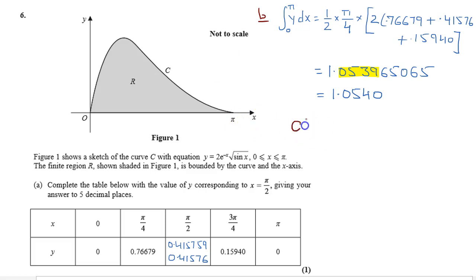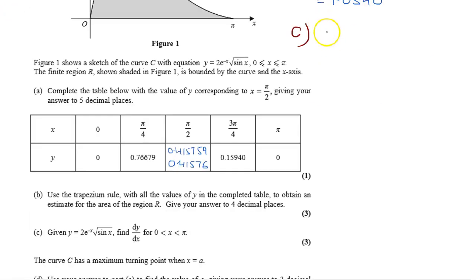Now part C is: y is equal to 2 e to the power minus x root sin x. We have to find dy over dx.